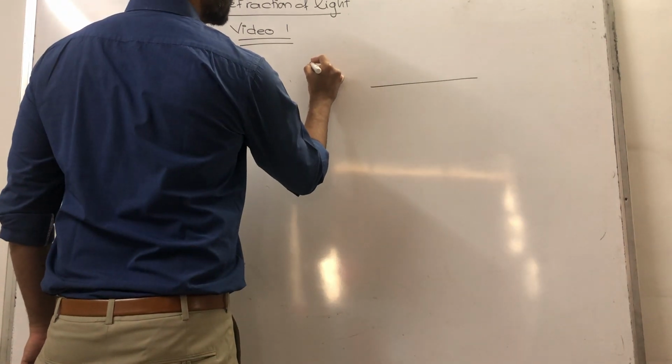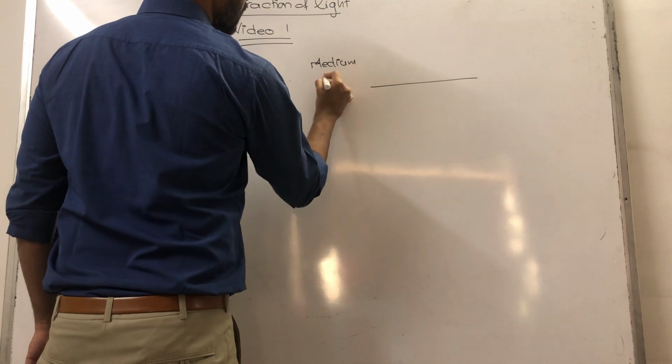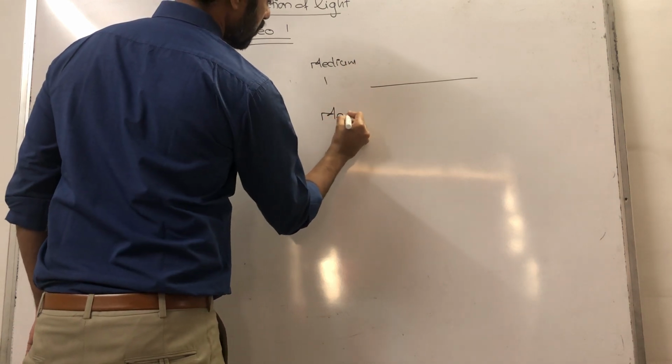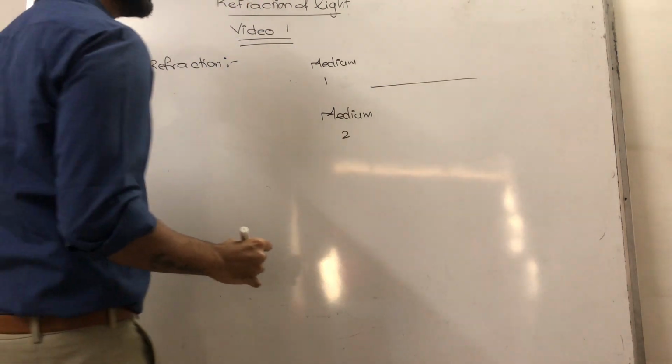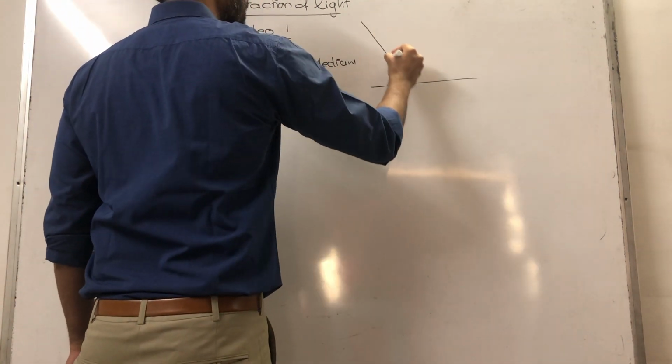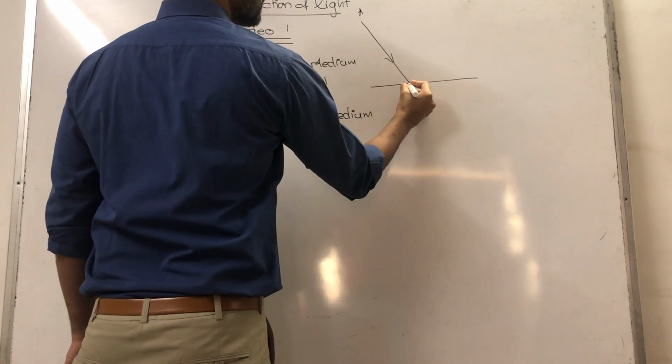Let's say we have two mediums, this is medium 1 and this is medium 2. Let's say light is entering from medium 1 to medium 2.